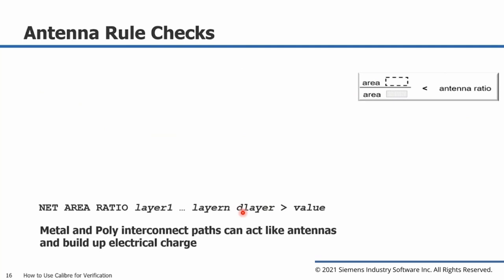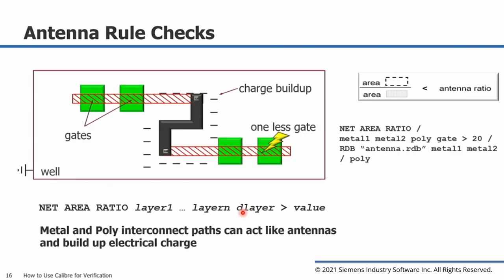Here I will cover some antenna checks, which are a compulsory check for tape out, a sign off check for all foundries. You can see here, antenna checks normally use this command, net area ratio.